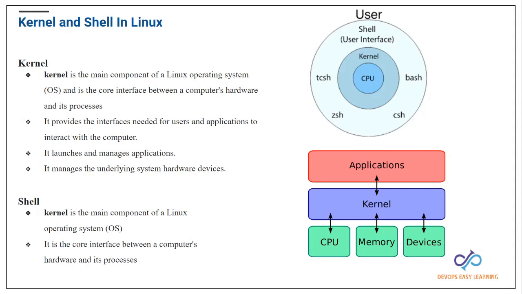And what will happen here is that the CPU, which is also the brain, which we call the central processing unit, will go ahead and process that information.